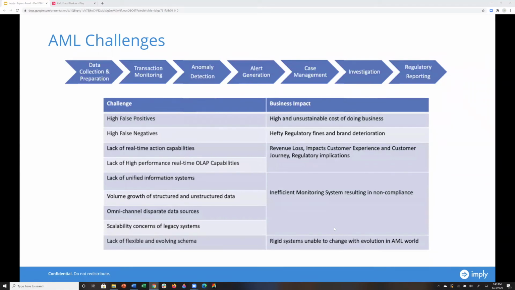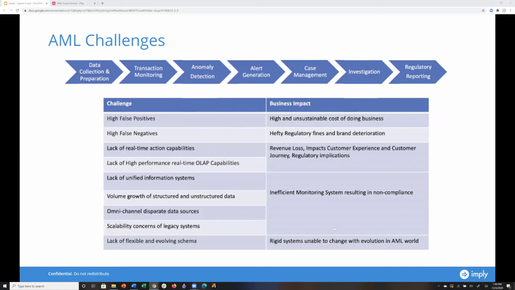negatives as well. And going down the list here, you will see that the revenue gets impacted if you don't have any kind of real-time action capabilities. And that's very important, right? Because we saw earlier from Brian's presentation with Midas, where once you start ingesting data from a real-time source like Kafka or Kinesis, and you want to detect certain transactions to be anomalous on the edge, then you're actually improving your ability to detect anomalous transactions or suspicious transactions.